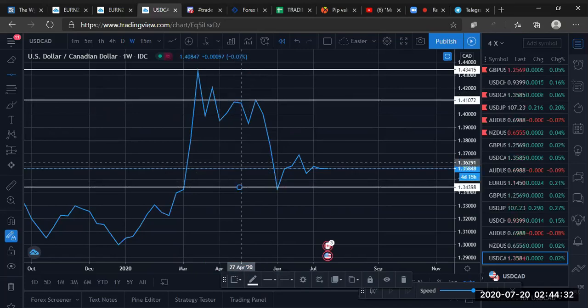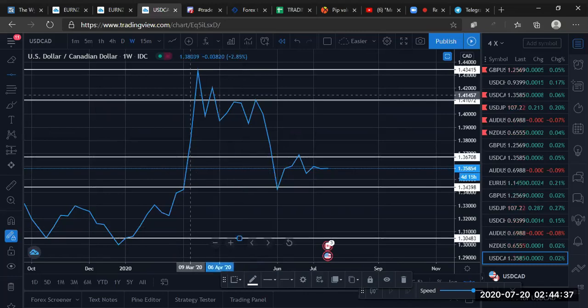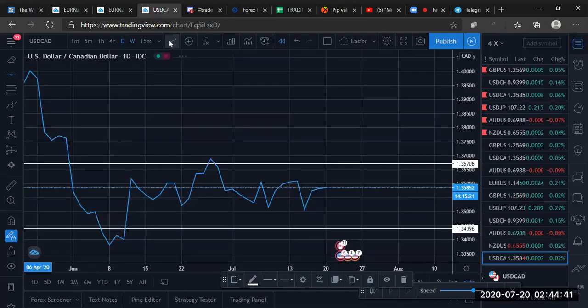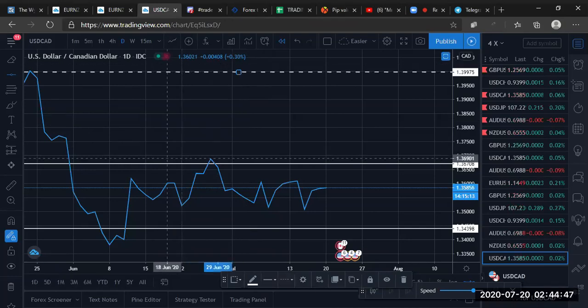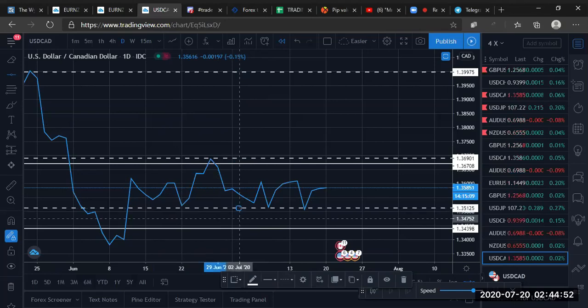Boom, boom, boom, boom. All right, I'll drop down to the daily. Got this up here. This is significant. This is very, very significant. This is also what I'm looking at currently. And this is significant.